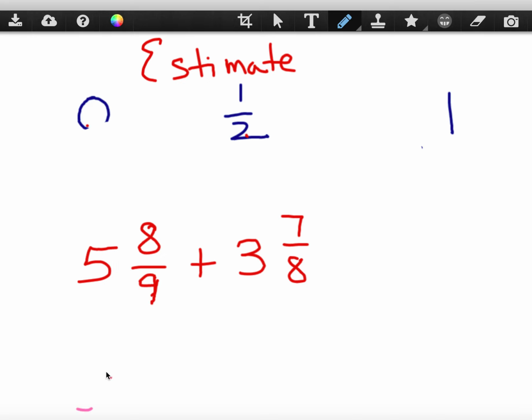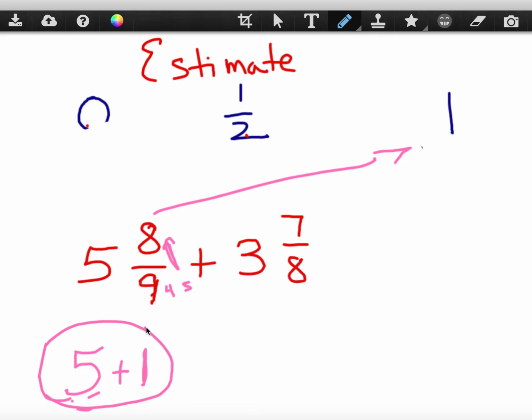Okay, so the 5 stays the same. Half of 9 is about 4 or 5, and I'm way over that with an 8. So that's going to take this one to a whole. So plus a whole. This is going to be added together. Plus, now I'm going to take 7/8.